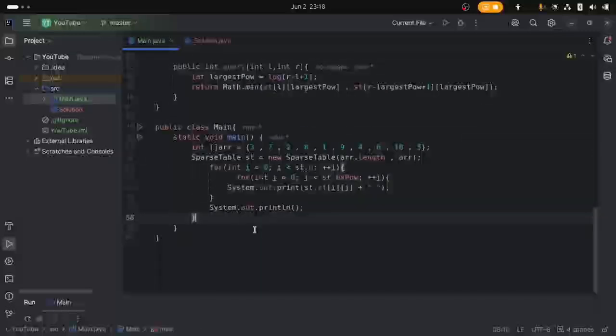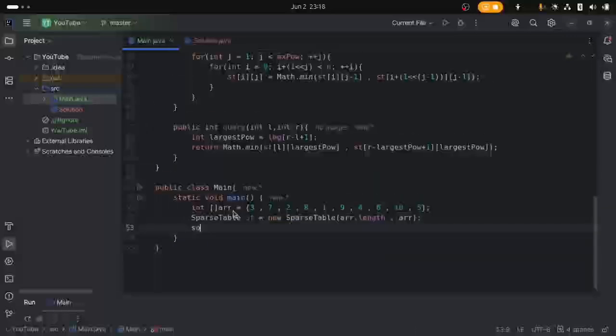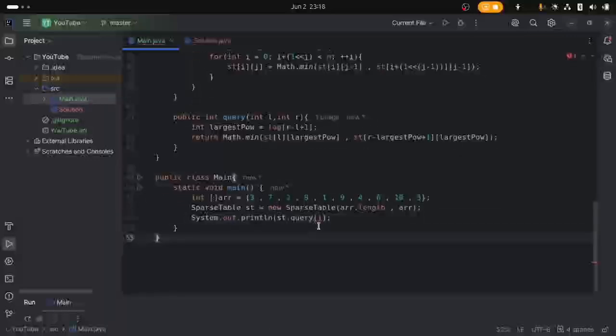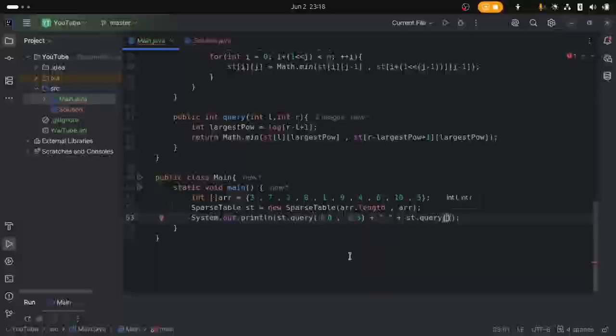Let's check this also. Let me remove this. Now let's find the minimum in range first, 0 to 3, and then in range 5 to 9.